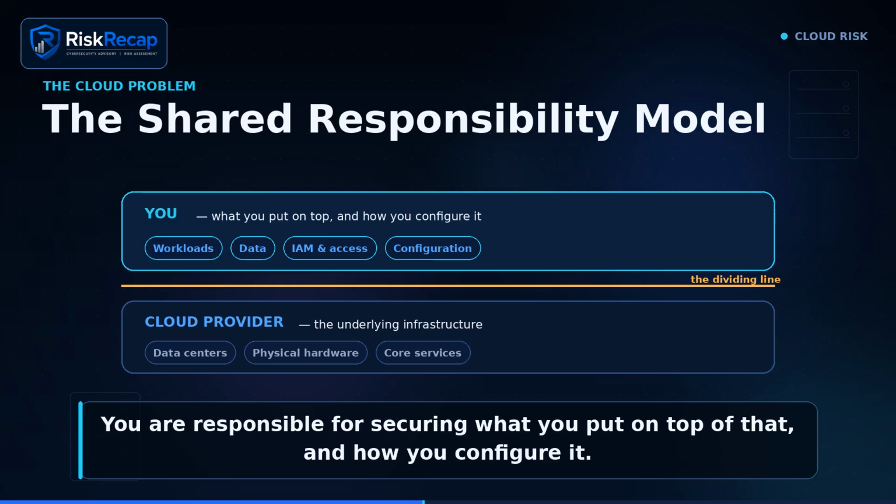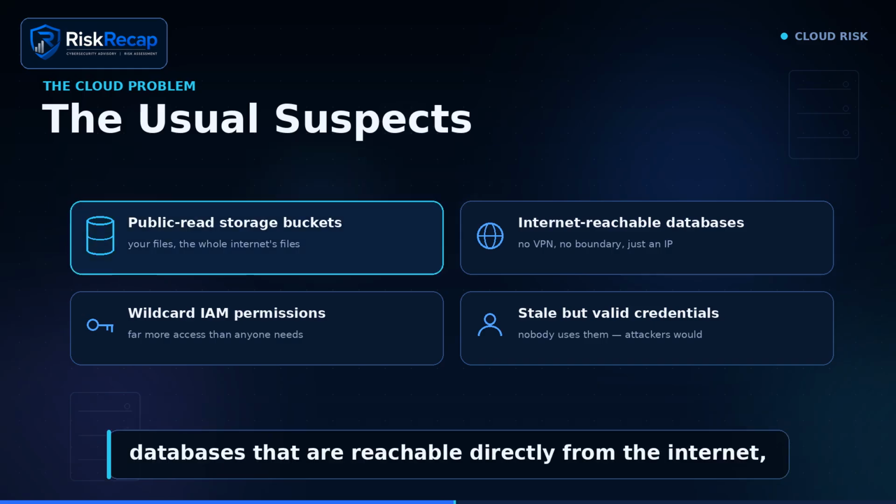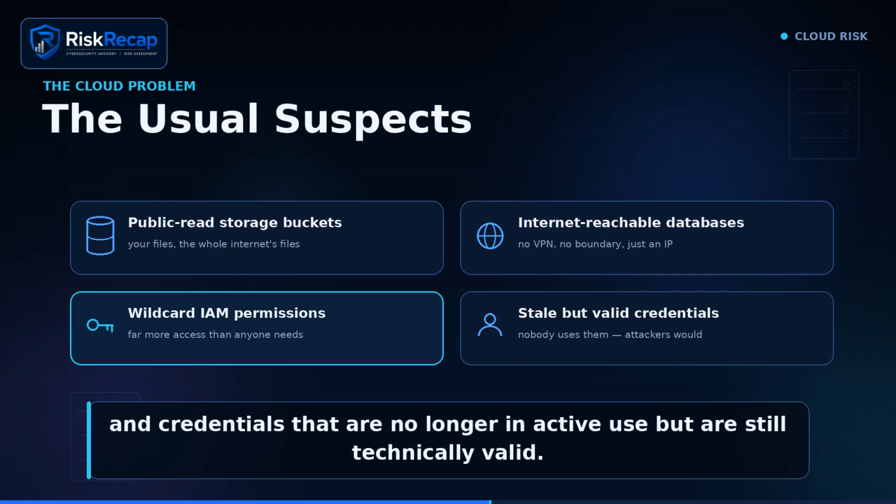Common findings in this category include storage buckets with public read access, databases that are reachable directly from the internet, identity and access management roles with wildcard permissions that grant far more access than needed, and credentials that are no longer in active use but are still technically valid.